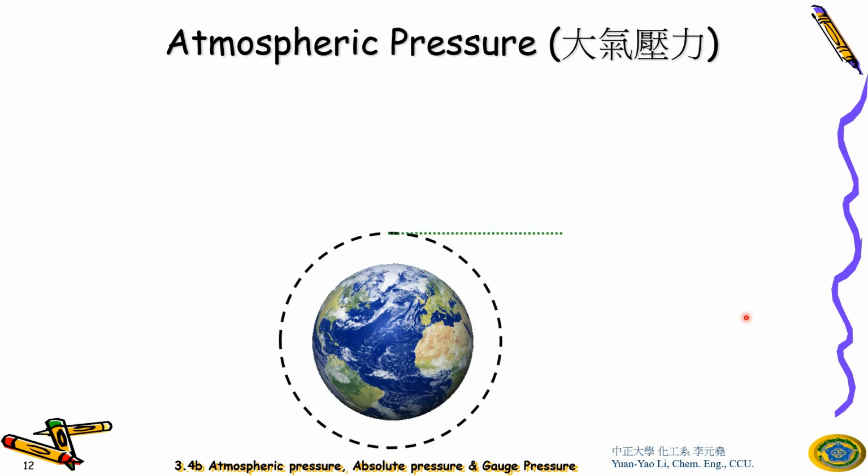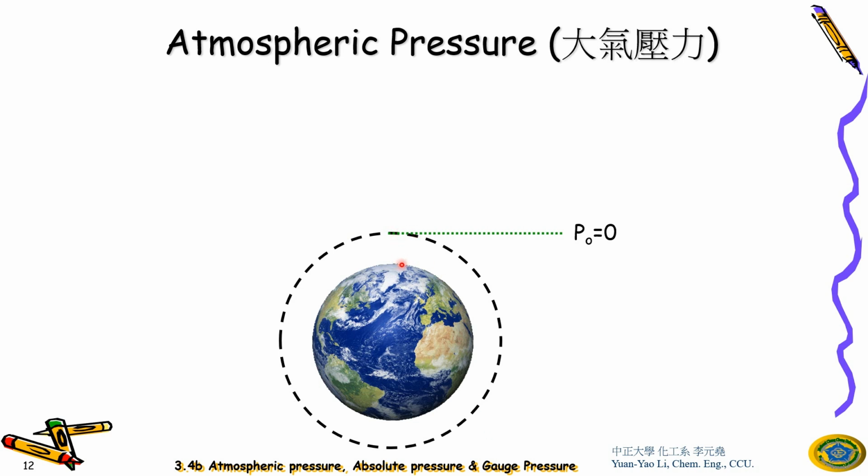Because we have gravity, right? All the molecules are trapped by this gravity. So when you go out to space, the pressure is almost zero, because there are no molecules, or very few molecules.